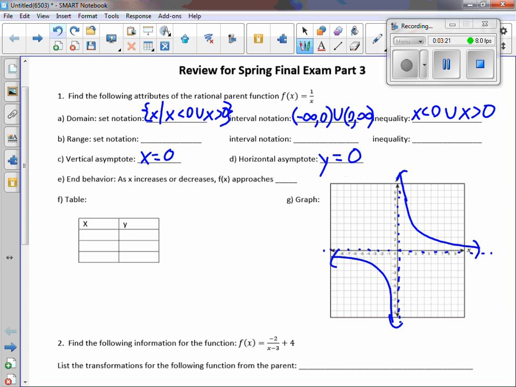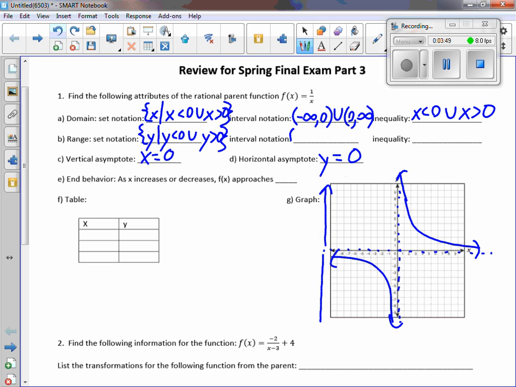For the range, same idea, but we read it down to up. When we start at the bottom, we'll come up, and then we will not hit 0. We're going to jump over it and then continue because of that asymptote. So the range is y is less than 0, union y is greater than 0.